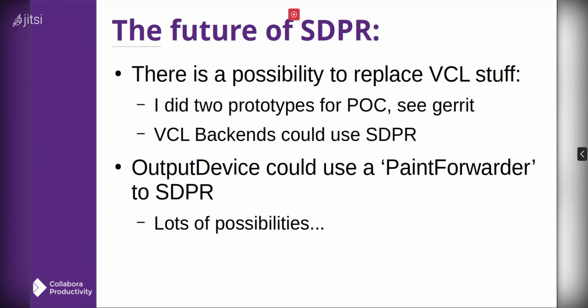One was at FOSDEM and one was at another LibreOffice conference, where I did prototypes to forward calls from VCL to an existing SCPR, and this would allow output devices to run without the backends, only using SCPR if one exists for the system. I did that for rectangle as an example. For both of these, you can also find the commits on Gerrit if you want to play around with it.